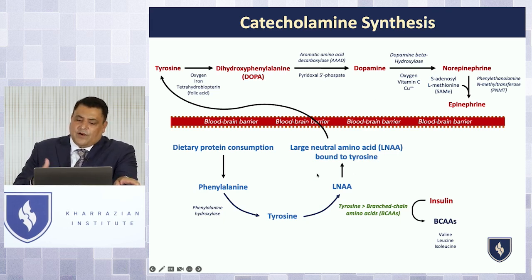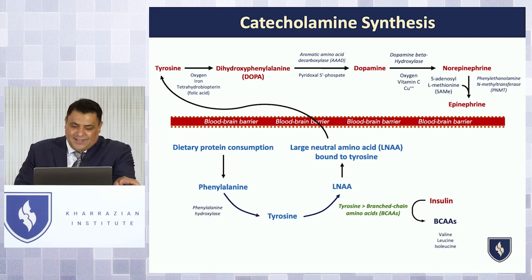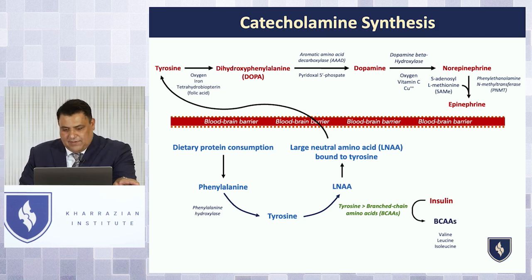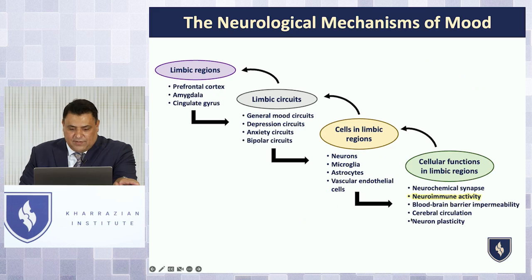But we've gone over the neurology, the limbic regions, the limbic circuits, the cells. Now we're looking at functions, and one of the functions that the cells do is the synapse. Okay. Now let's move from the synapse into neuroimmune activity.